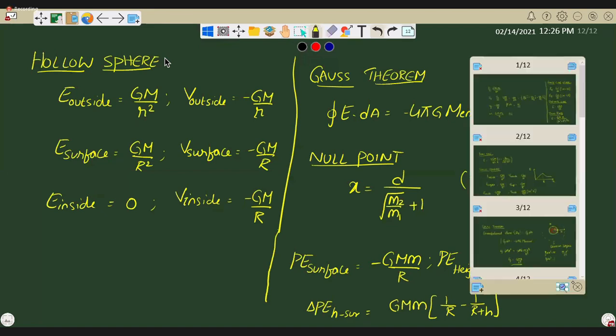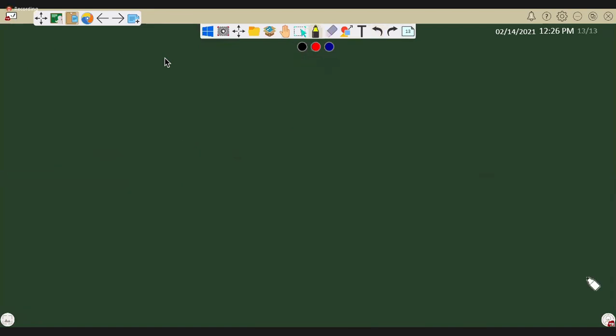Escape velocity. So velocity is equal to under root 2GM divided by R, equal to under root 2gR, small g. So for any planet, this is for any planet.